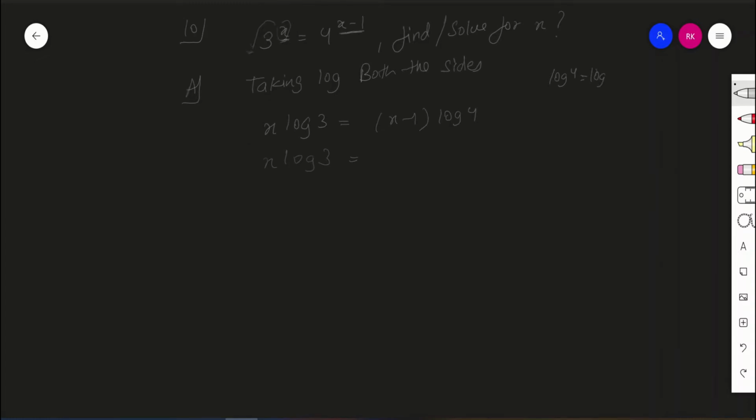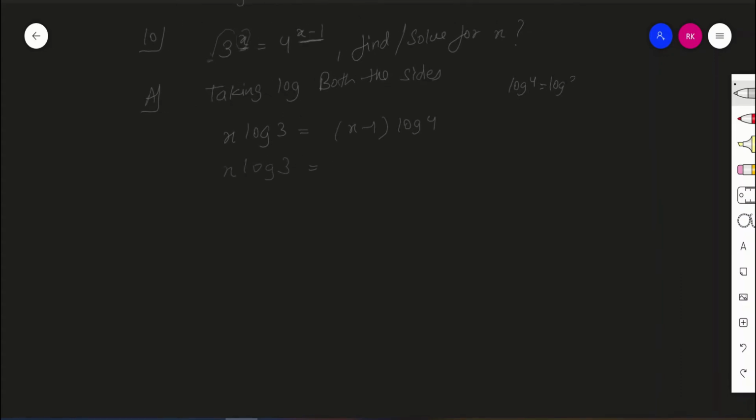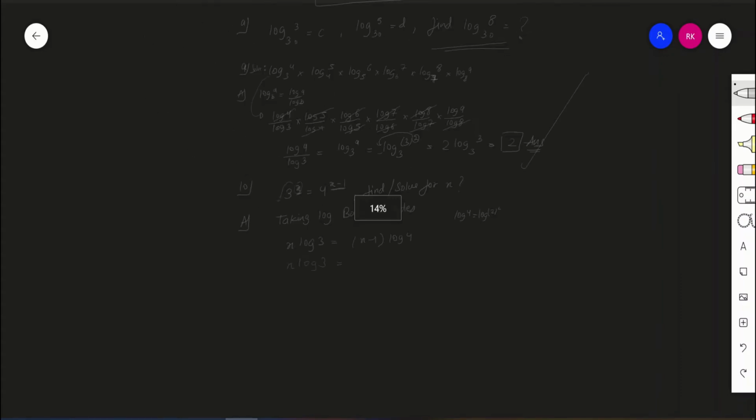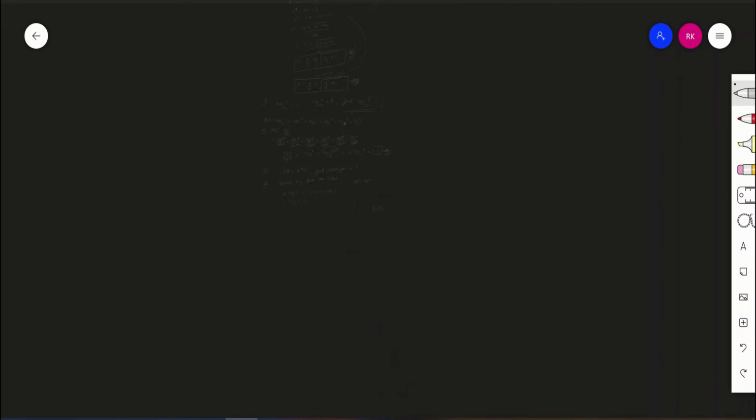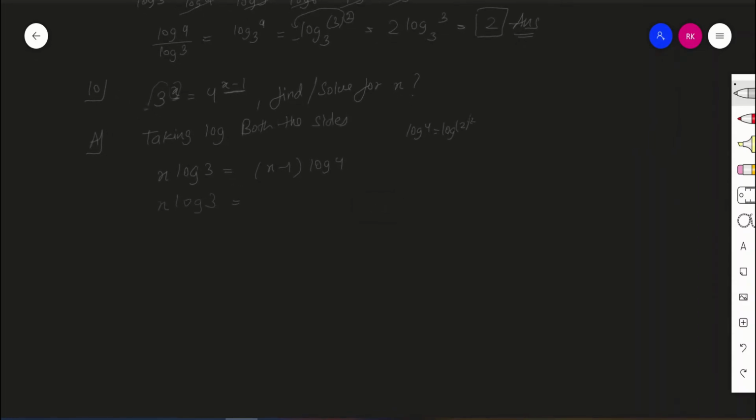log 2 square, and this square will come down here, 2 times log 2. Oh, sorry about that.